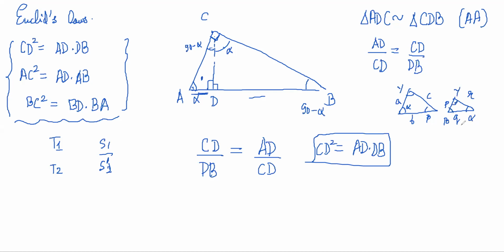Then always choose the sides appropriately. Opposite to alpha here is C, so C by opposite to alpha here is P. C by P is equal to opposite to beta here is A, so A by opposite to beta here is R. And similarly opposite to gamma here is B, and opposite to gamma here is Q.